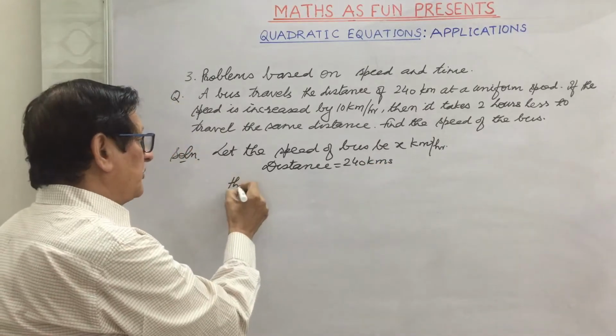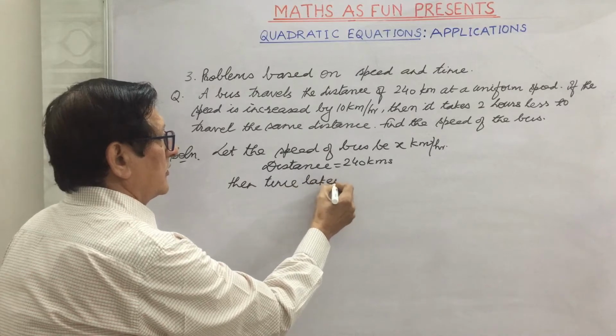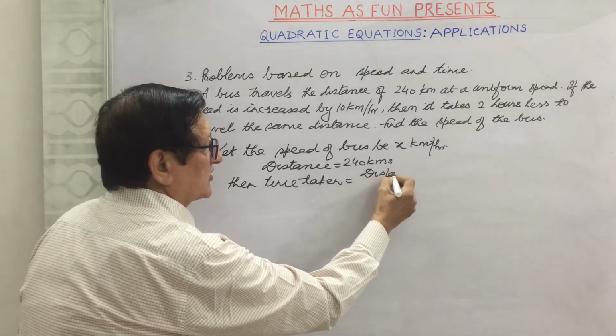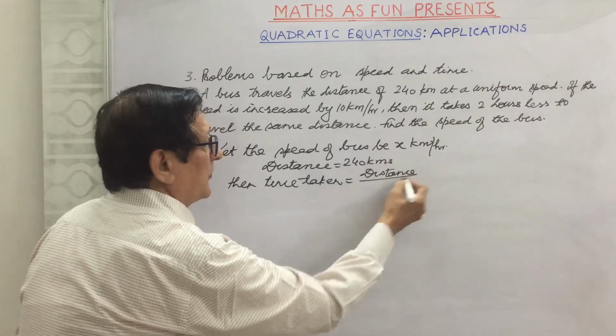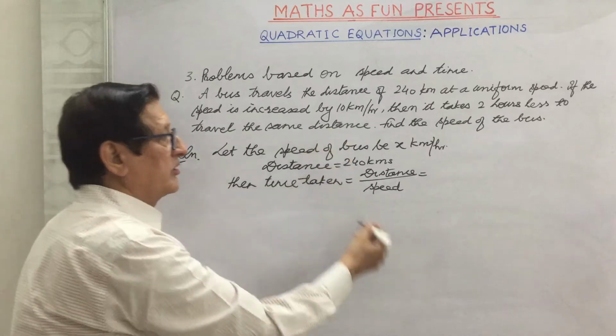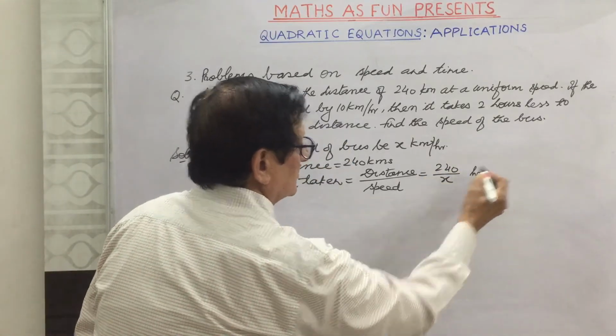Then what will be the time taken? Time taken is, we know time is distance upon speed. So it will be here 240 upon x hours.